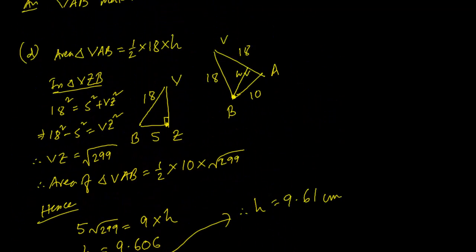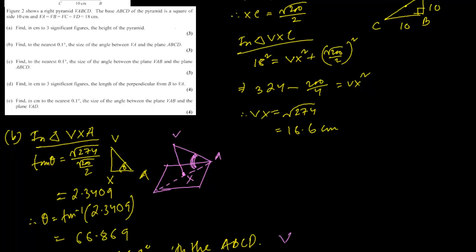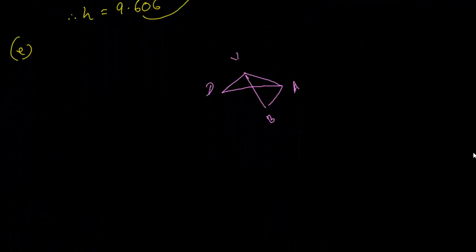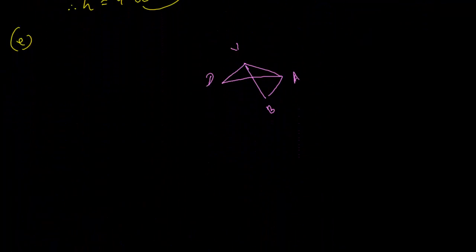Let me check. VAD, yes. So now the angle that we have to find here is from here. Now we cannot find exactly from the middle because in the previous sum we found the height. So this was the 90 degree what we found. So this should also be exactly the same, and this is the angle that we are looking for.